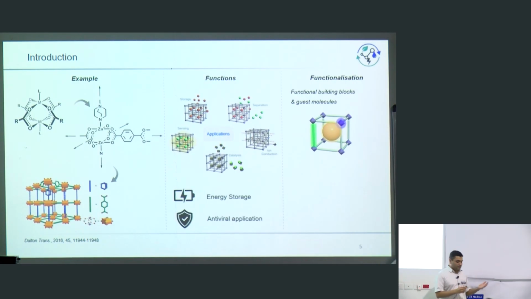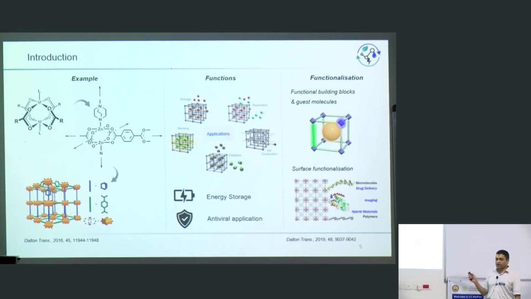But what people have now done over the years is you can actually look at MOFs not as individual molecular level particles, but they are actually bulk powders that form. So they have grain boundaries, they have crystal structures, they have single crystals. So at the edge of the single crystal or at the grain boundary of any of these particles, you can start functionalizing these surfaces. So these surfaces can be functionalized with things like biomolecules.